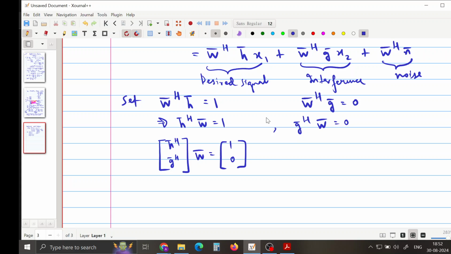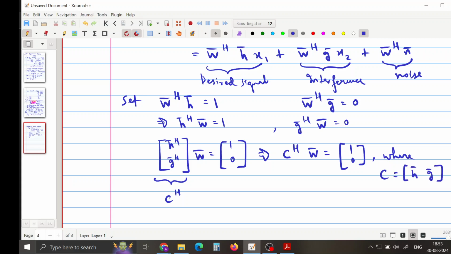This was denoted by some C Hermitian matrix, and what we got was C Hermitian w bar equals 1 0, where the matrix C was formed by taking the two different channel vectors, h bar and g bar.